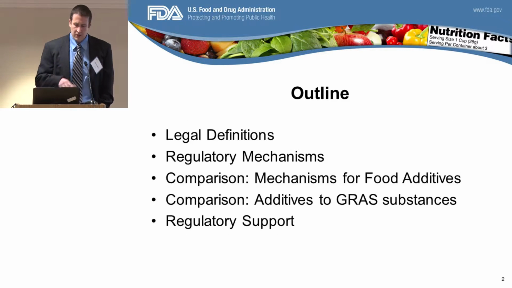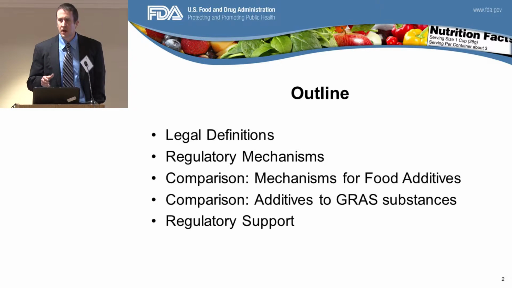So I'll start off with some legal definitions. Since we are a government agency, we're basically dictated by the law, and some of those legal definitions are a little esoteric, might not be as straightforward. Most people think, well, it's a food packaging material. Well, not always.